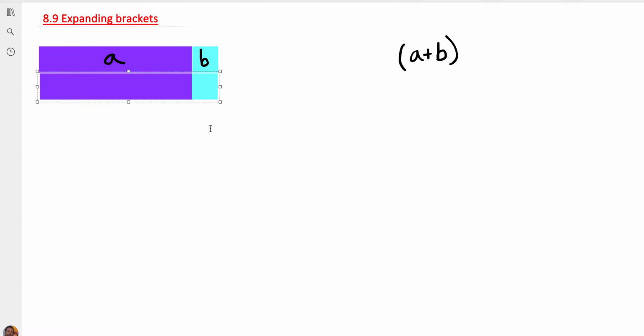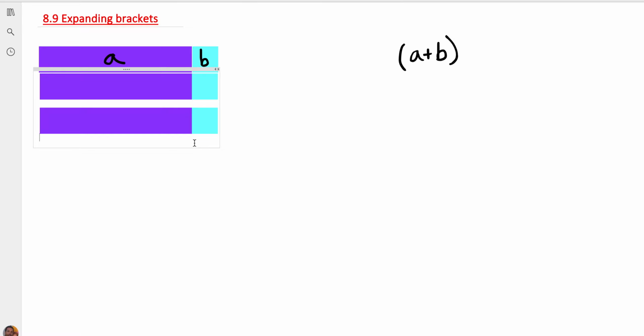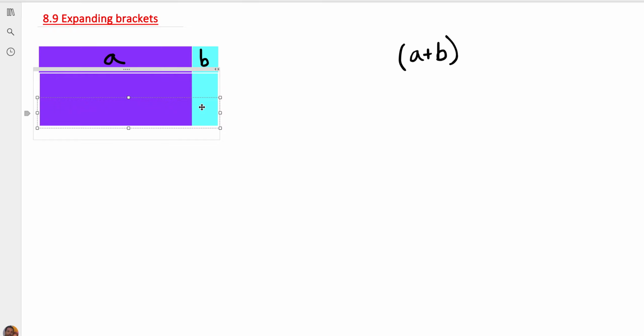So I have another A plus B there and another one. Great. I'm just going to put this one here next to it. This one needs to be a little bit higher. Doesn't matter. You know that they're different blocks.